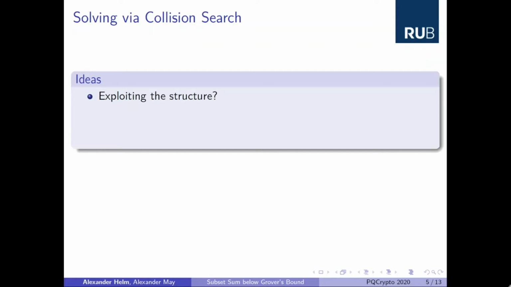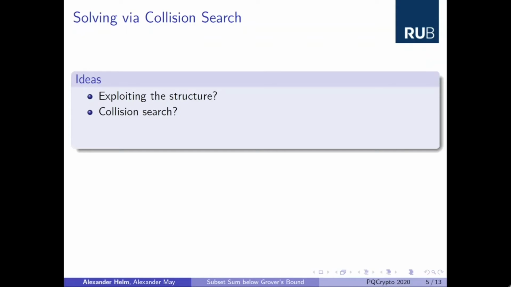So, as we talked about before, the common way to construct quantum algorithms is out of classical algorithms, so we look at some classical algorithm which only needs a linear or maybe a polynomial amount of memory. And we see most of these algorithms heavily rely on collision search. So maybe we can work with some collision search algorithm.